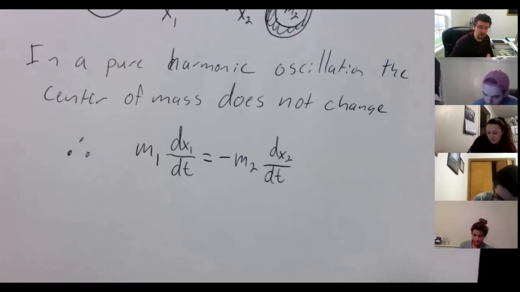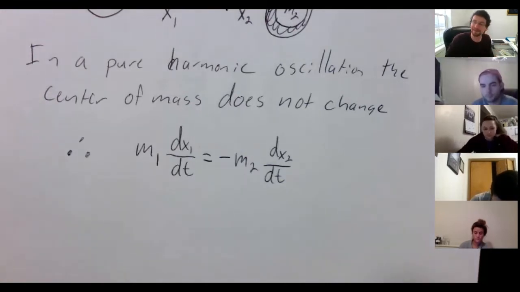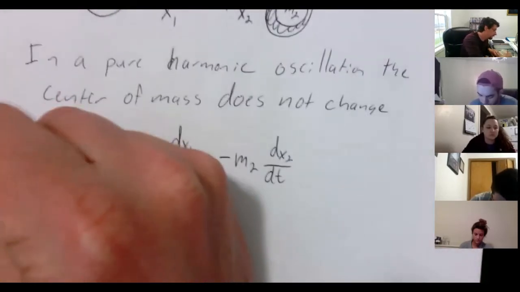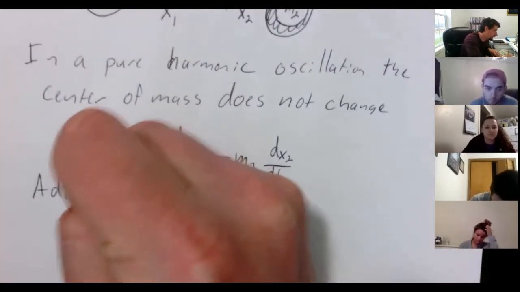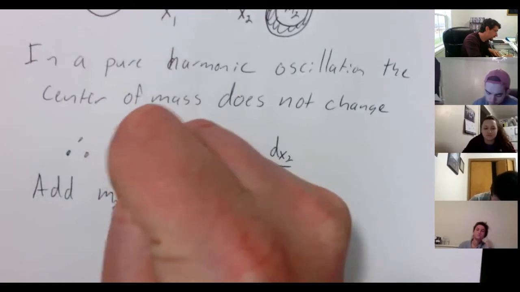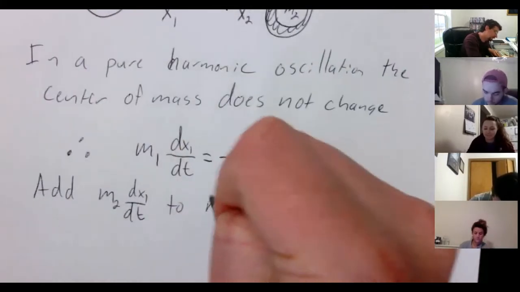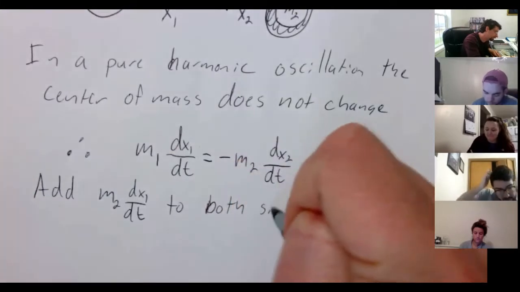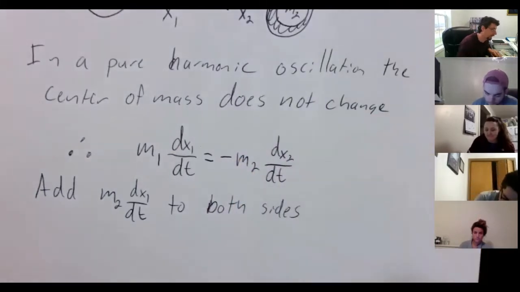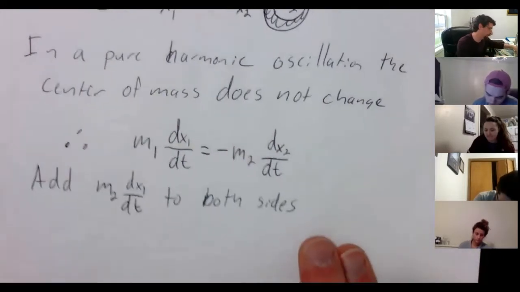Now we're going to do something a little weird, and it will make sense eventually. It might not make sense immediately. But what we're going to do is add m2 dx sub 1 dt to both sides. And it will make sense in a minute, but let's just see what happens.